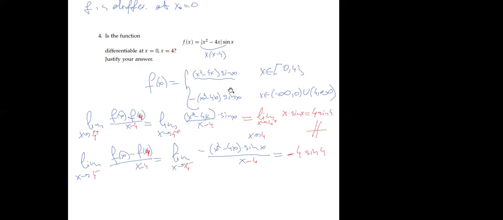Can I ask one question? Please go ahead. When you wrote x squared minus 4x when x belongs to minus infinity to 0 and 4 to plus infinity, doesn't our x have a plus sign here, our absolute value?